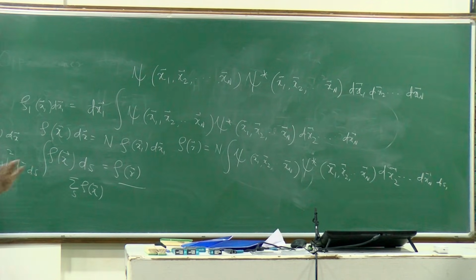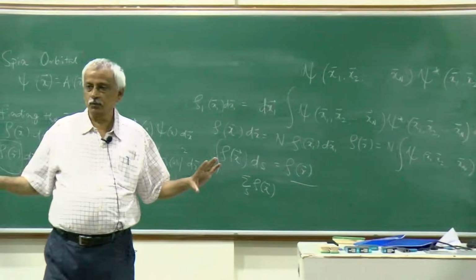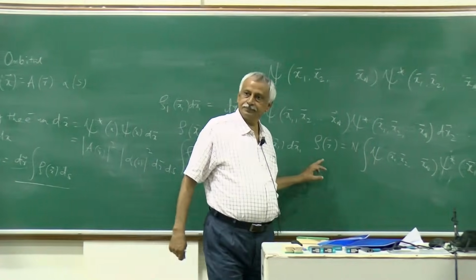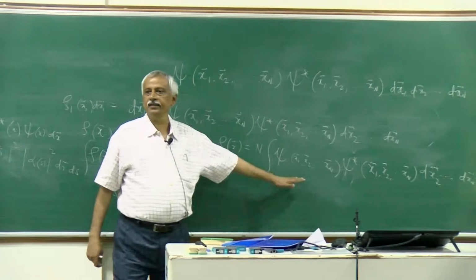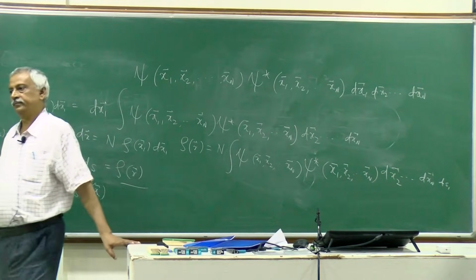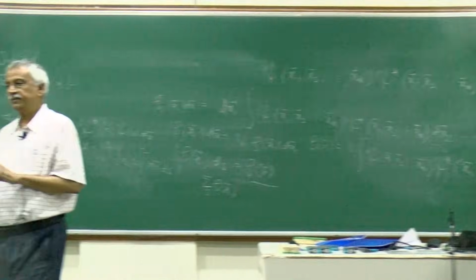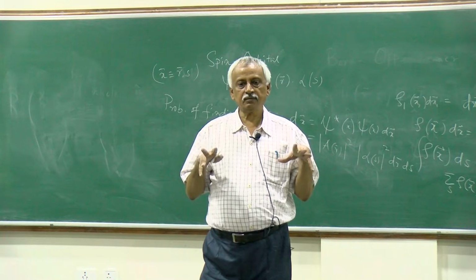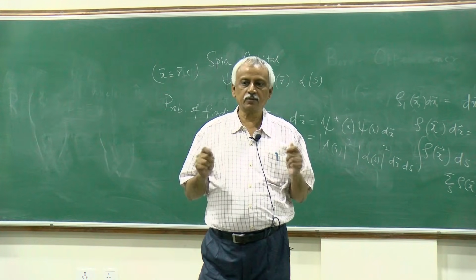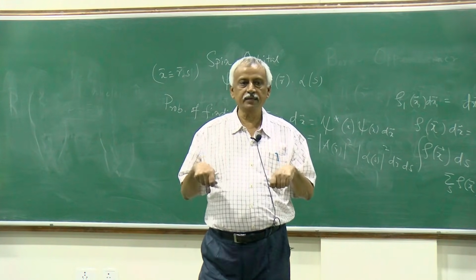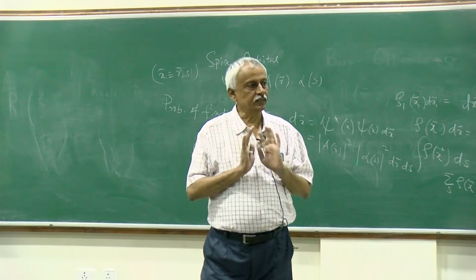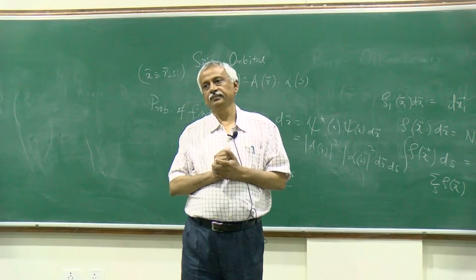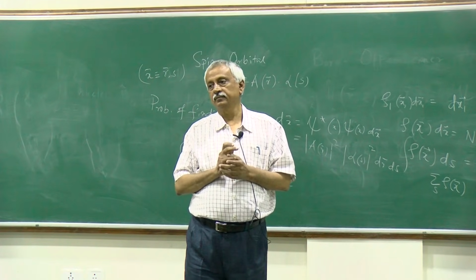For a specific probability, this is now the probability density, and that probability density is defined in this fashion. So what is this probability density basically? It is the probability density for finding out an electron with any spin of an n electron system in a volume element dr. Is it clear to everyone?